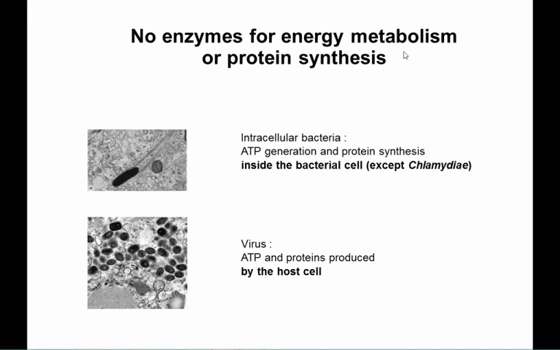Now, kind of together with that, the other Lwoff criterion: no enzymes for energy metabolism or protein synthesis. So all intracellular bacteria produce their own proteins, and most of them generate their own ATP, their own metabolic energy. Well, except for chlamydia, because in fact they import ATP from the host cell cytosol and export ADP.